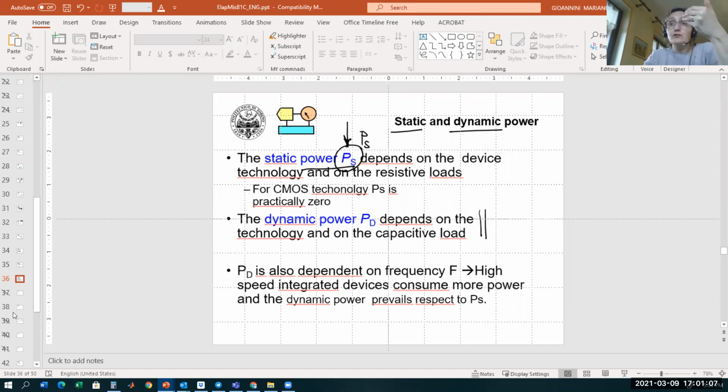Each of them consumes some power, which is negligible. But if that negligible value is multiplied by 10 to the 6 or 10 to the 9, equal to the number of transistors that are off, then that power is not negligible anymore.